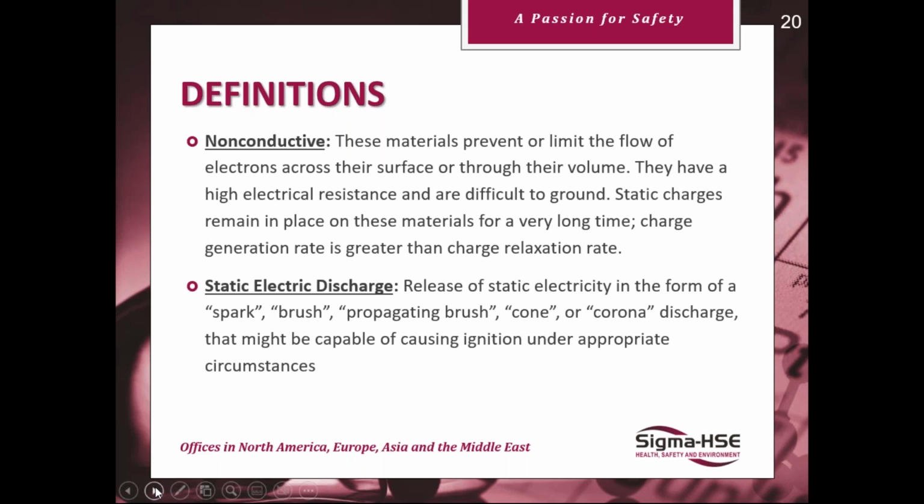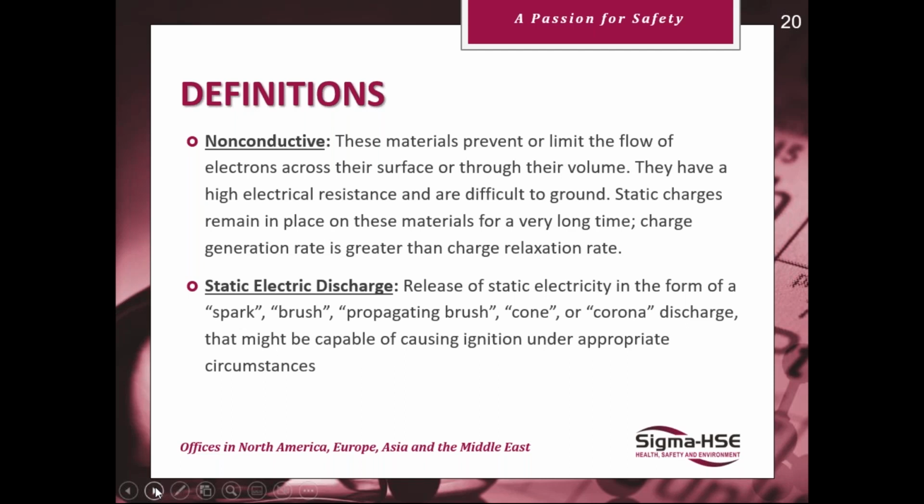Non-conductive, insulating. These materials prevent or limit the flow of electrons along their surface or through their volume. There are two ways to dissipate the charge: either through the material or along its surface. They have a high electrical resistance and you cannot ground them.